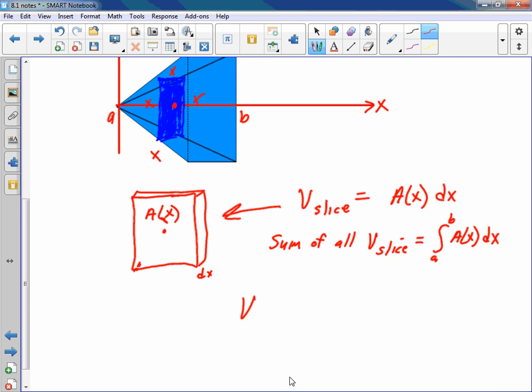The volume of the pyramid then will be what, Colton? Yeah, whole thing. Integral from where to where?